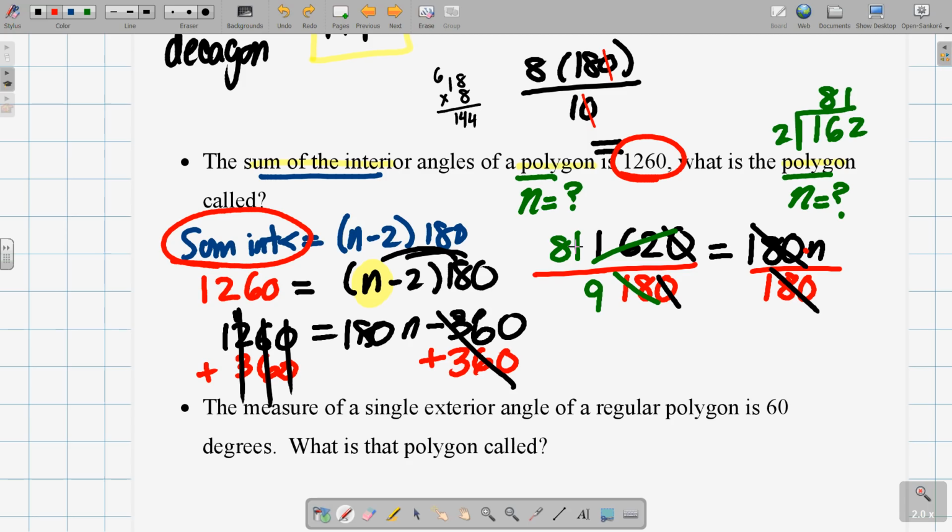Now you can handle it. I've got 81 divided by 9. So I just figured out that my n is 9. But wait, there's more. I didn't ask you just for n. I asked what it is called. That is a nonagon.